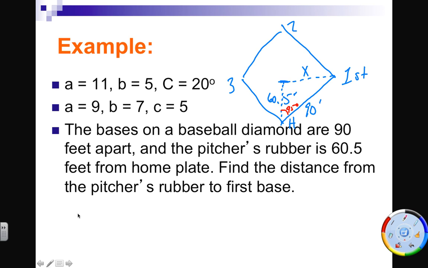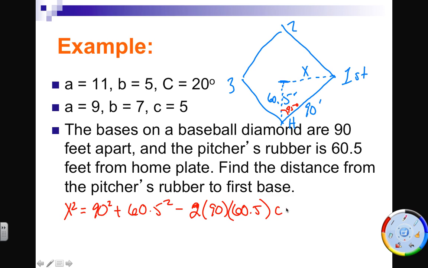So now I'm given enough stuff so I can say x squared equals what? 90 squared plus 60.5 squared minus 2 times 90 times 60.5 times the cosine of 45 degrees. And I do a quick math here.